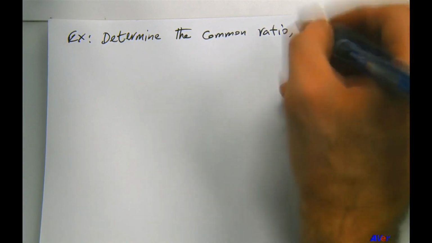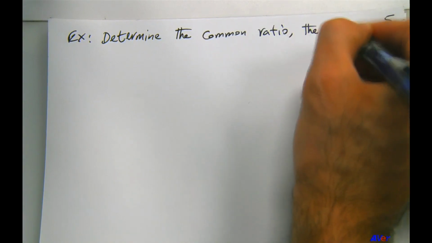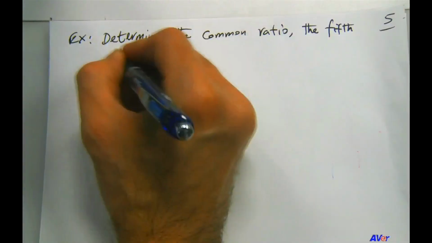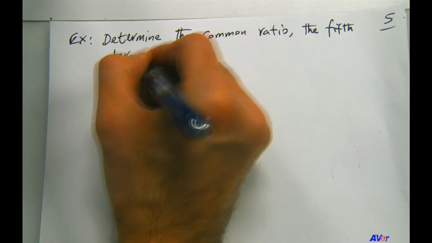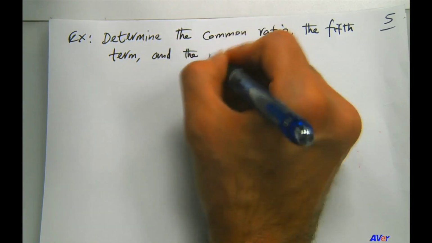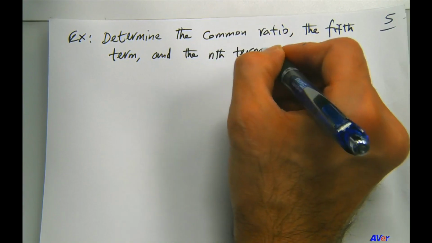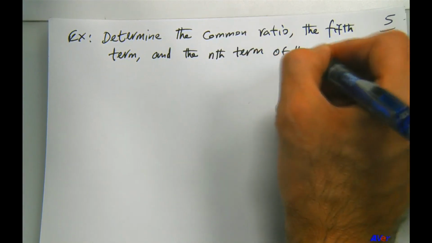So here they want us to determine the common ratio, the fifth term, and the nth term of the geometric sequence.